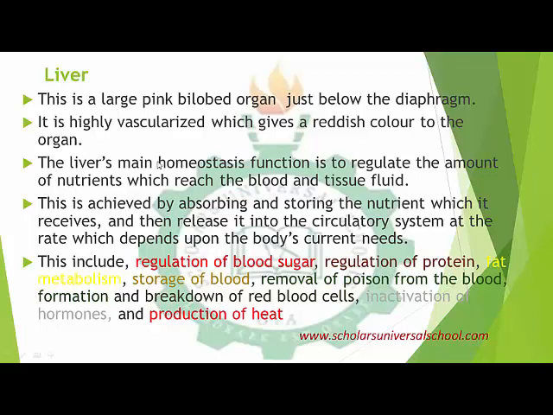So the liver's main homeostatic function is to regulate the amount of nutrients which reach the blood and the body fluid. The liver does a lot of functions, which we are going to talk about one after the other. But in general, it regulates the amount of nutrients which reach the blood and the tissue fluid.